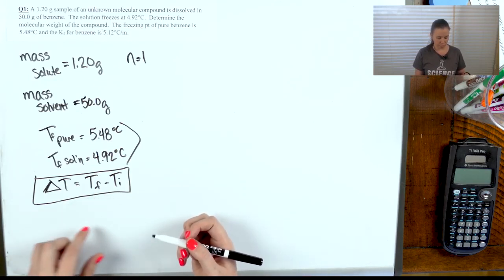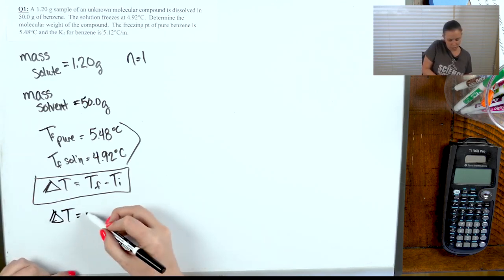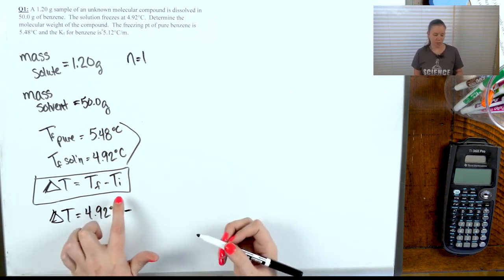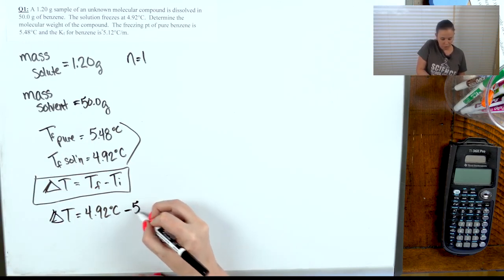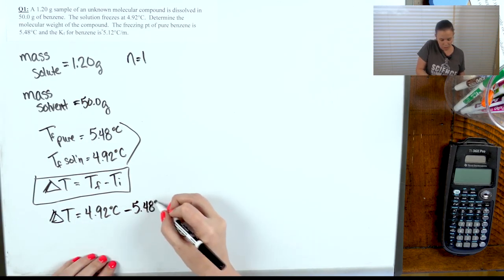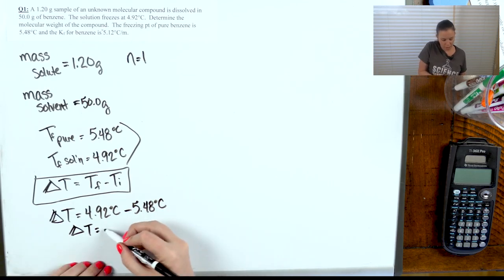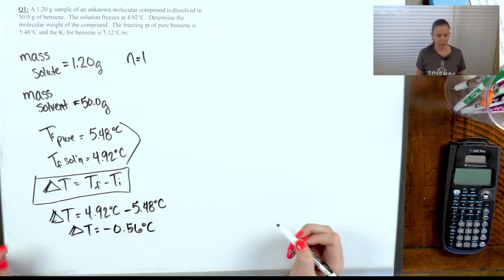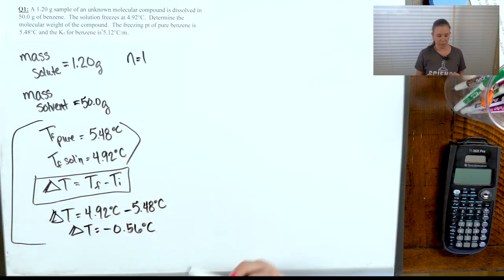So you've got the final temperature of what the solution ended up as, delta T equals 4.92 degrees Celsius, minus the initial temperature, or whatever it started as with a pure substance, this 5.48 degrees Celsius. So that means my delta T is actually a negative, and find the difference here, we have a negative 0.56 degrees Celsius. So that's all my work with temperature to find the delta T.